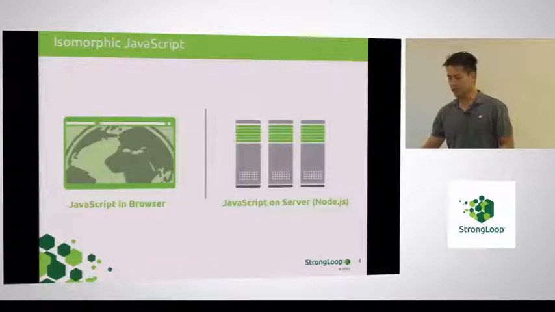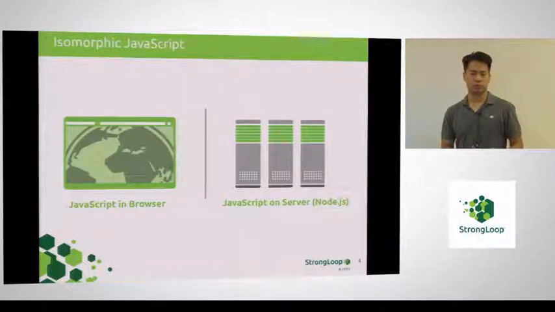So let's apply this to JavaScript. In a nutshell, we have JavaScript running in the browser as we know it, and now we have JavaScript running on the server, otherwise known as Node. This goes beyond the notion of what other folks have called full stack, including myself in previous presentations.